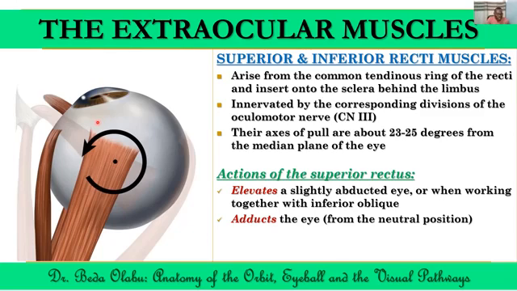So if they're inserting somewhere in front, the superior rectus contracts, even inferior rectus contracts, the pupil will go medially because the axis of pull of the recti is not parallel to the axis of vision of the eye. So contraction of the superior and inferior recti will cause the eye to go medially, and that is adduction. Both superior and inferior recti adduct the eye because of that mechanism that I've just explained.